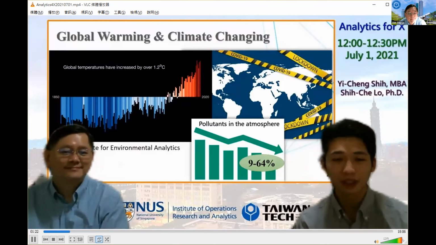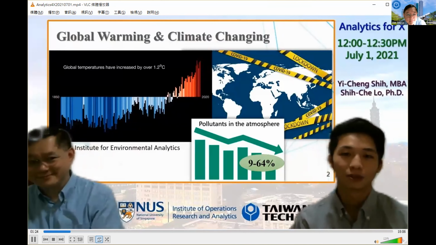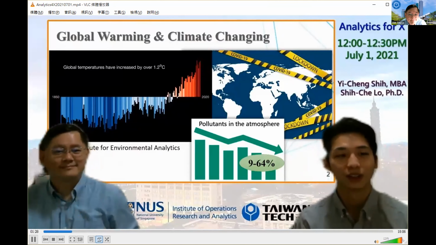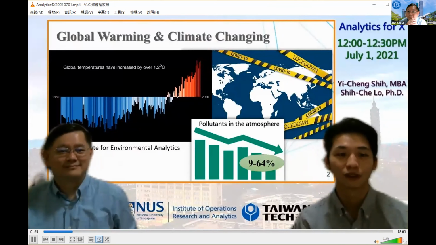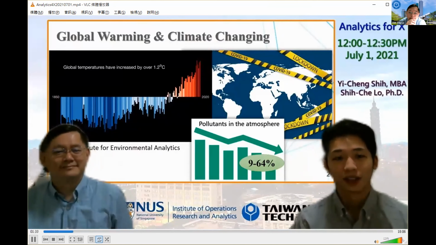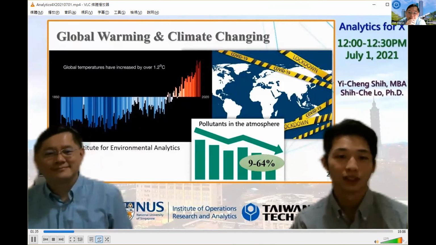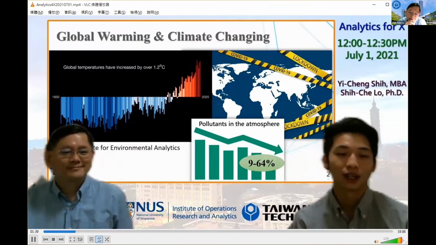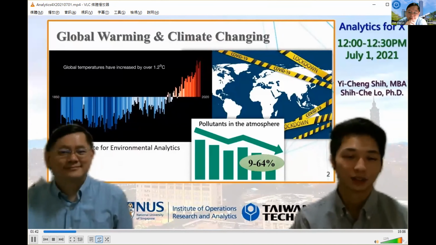One important observation during the COVID-19 pandemic is that many regions were locked down for several months, and at the same time, the pollutants in the atmosphere also reduced by around 9 to 64%.